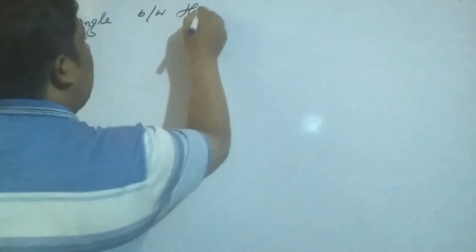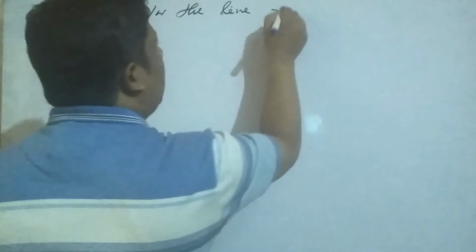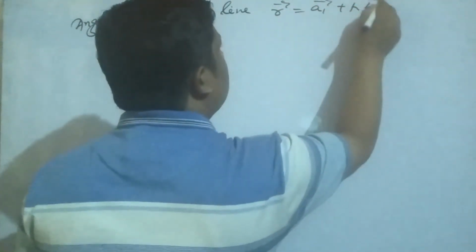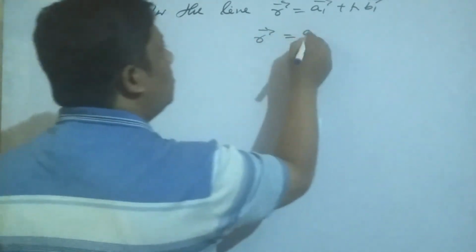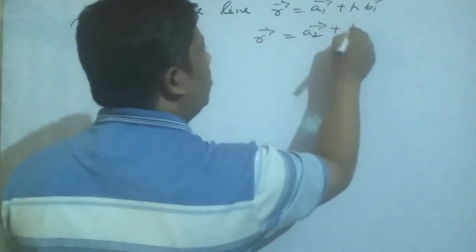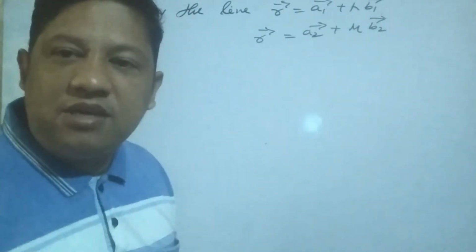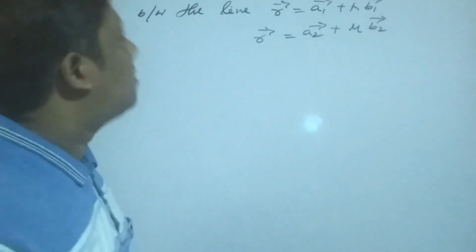Next, the angle between the lines r equal to a1 plus lambda b1 and r equal to a2 plus mu b2, which are 2 lines. You have to find the angle. Look my students, angle always uses the direction vectors.